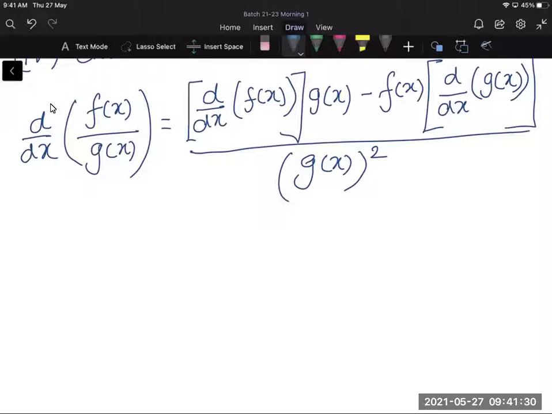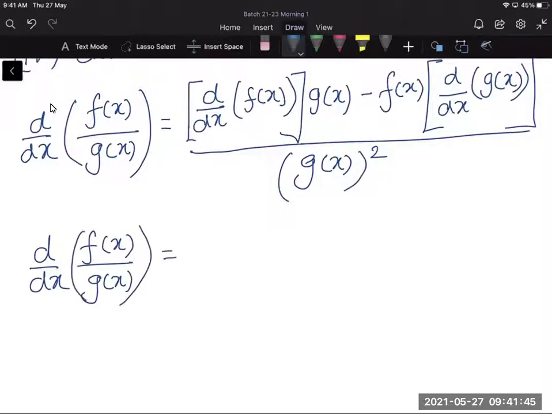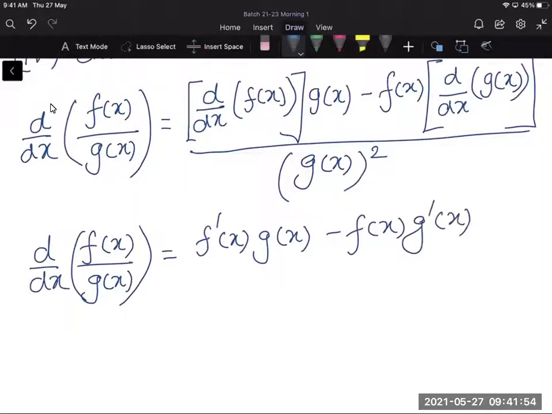It's just g(x) whole square. So I want to write it in a smaller format. So this will be f dash x g(x) minus f(x) g dash x divided by g(x) whole square.